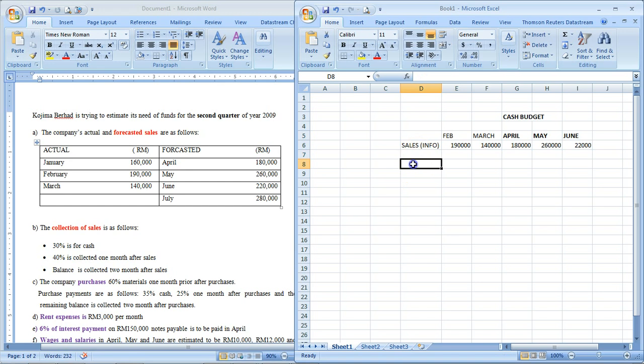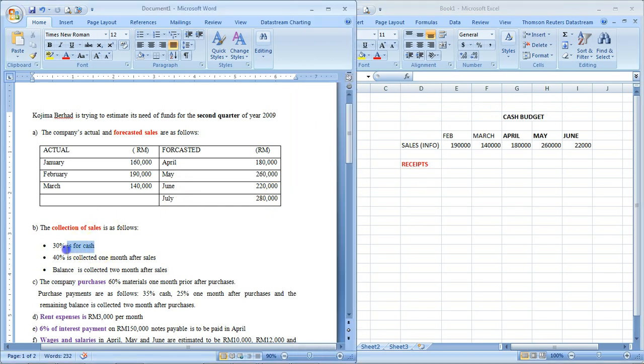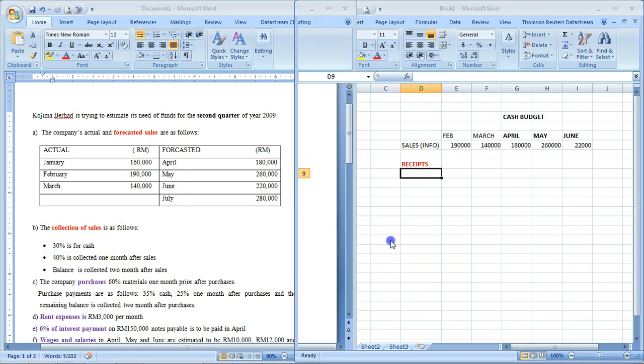Now we start to put under receipt. Just now I said wherever you highlight in red color, it is considered receipt. First, collection of sales. 30% is cash, meaning immediately.